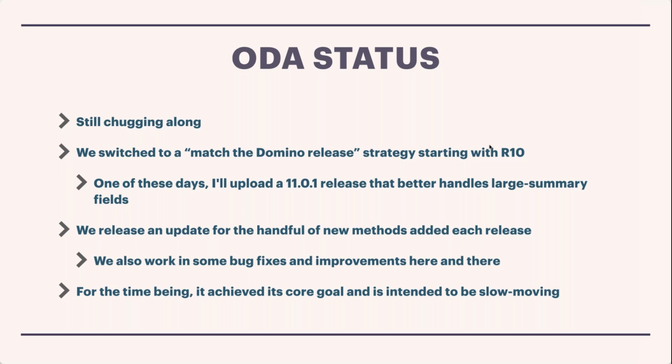At some point shortly, I'll have a release for 11.01 finally that has large summary fields. In general, the API does what it does. With V12, I think I'll be adding a couple more things to that. And that's really the way that it progresses at this point. Every once in a while I'll go in and find some bugs or enhancements, but for the most part, it's keeping pace with the newer stuff from notes.jar as it trickles in.